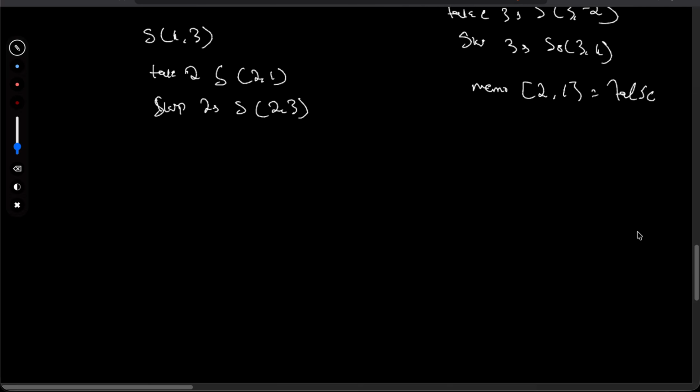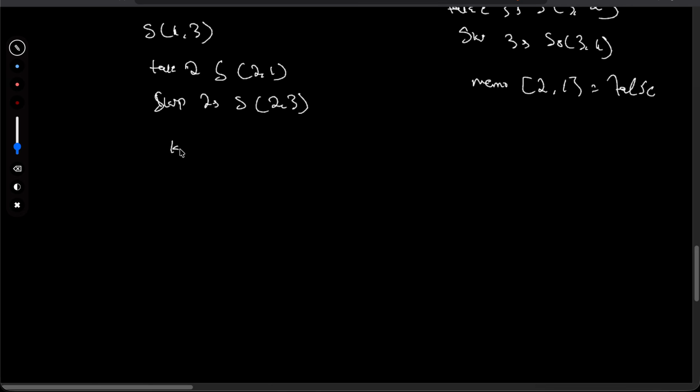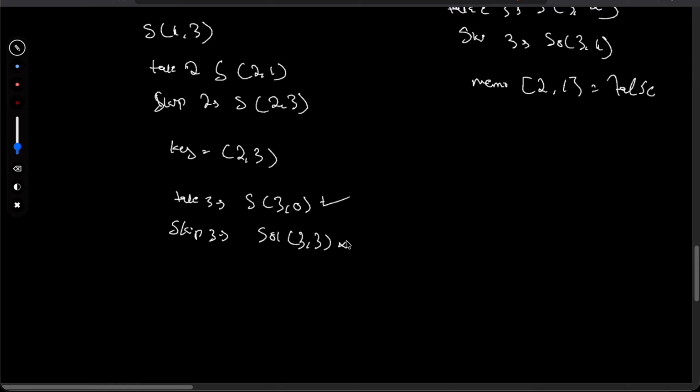Next, key is equal to 2, 3. Solve of 2, 3 is not in memo, so we compare. If we take 3, solve of 3, 0, so it's true. If we skip 3, solve of 3, 3 is false. We store in memo like this: memo of 2, 3 is true.